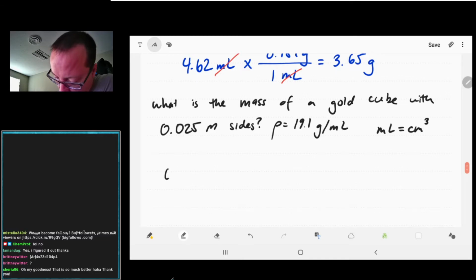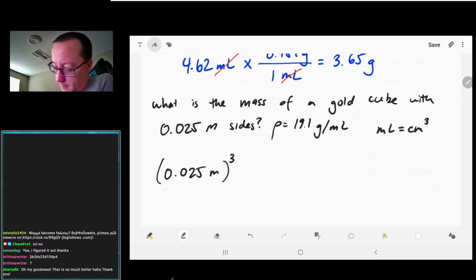So the volume is, there we go. If we do this, we can figure out our conversion factor between meters cubed and centimeters cubed.